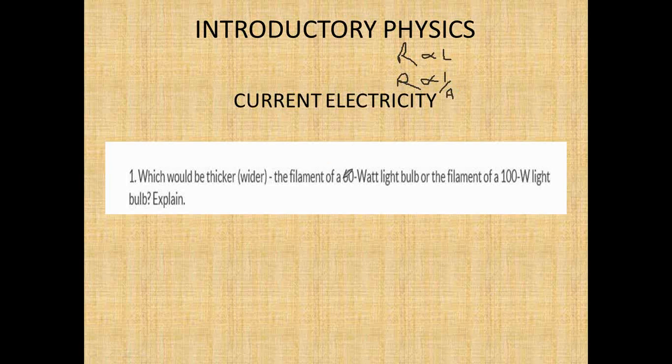They ask you, you have two bulbs with different wattage, so different power. So, okay, power, let's write out all the equations that we know. Power is equal to VI.